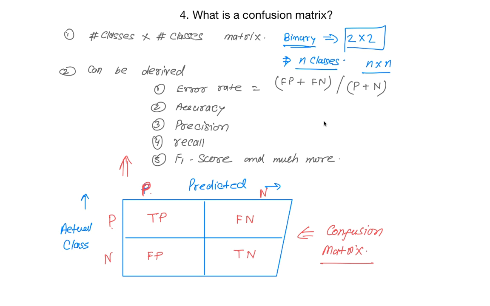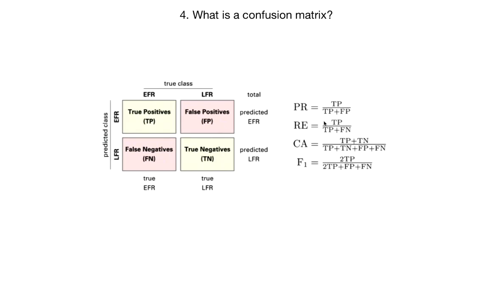At the same time, let's see the accuracy on the next page. Accuracy is true positive plus true negative divided by the total number of samples present in our data set.